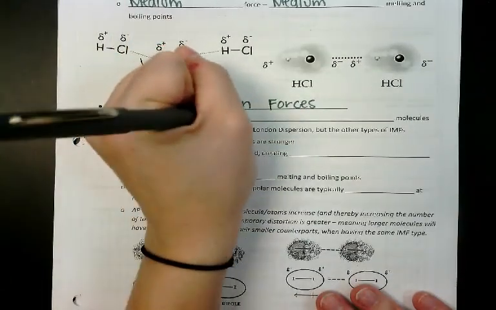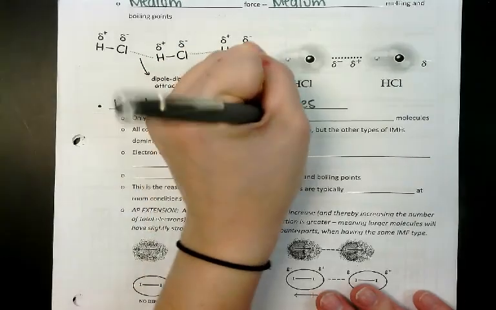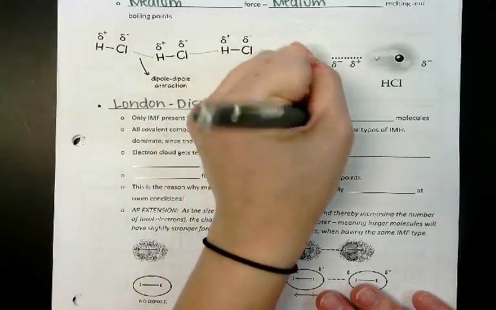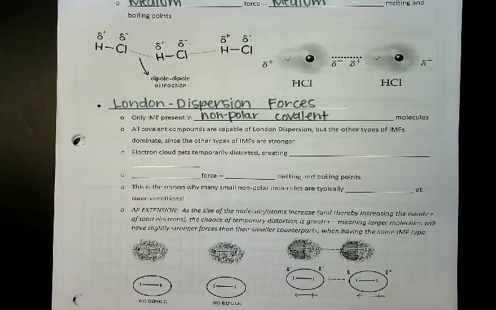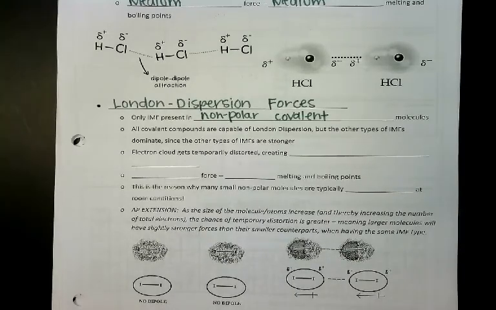So anything that is a non-polar covalent molecule is going to have a London dispersion force. Okay? All covalent compounds are capable of London dispersion forces, but the other types of intermolecular forces dominate, since all other types of intermolecular forces are stronger. And you'll see why. Everyone can have a London dispersion force. All molecules can, because it just involves the dispersion of electrons.